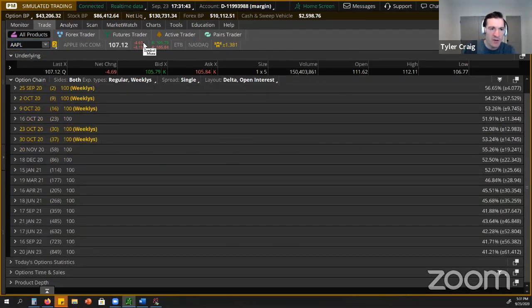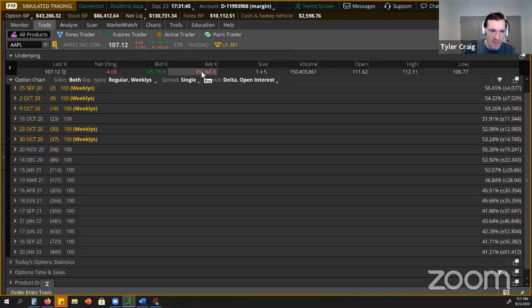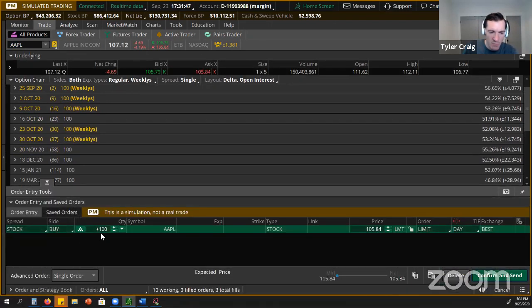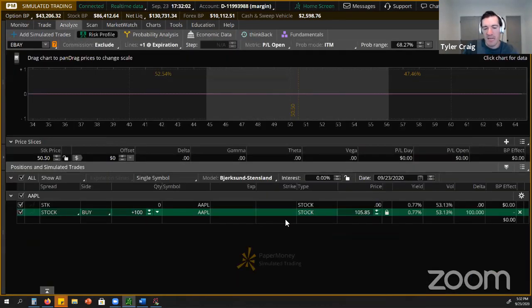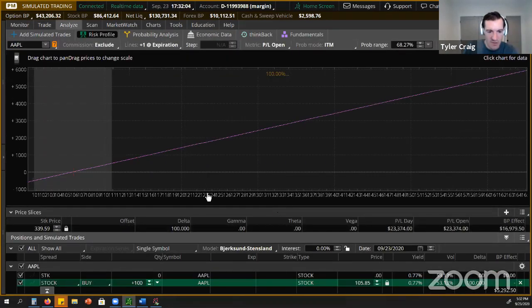So if I buy 100 shares of Apple, click on the ask price, buy 100 shares of Apple, say I'm getting it. All right, Apple closed at 107. It's down at 105.85, so stocks have continued to sell off after hours, it looks like. If I right click and analyze this, here you go.